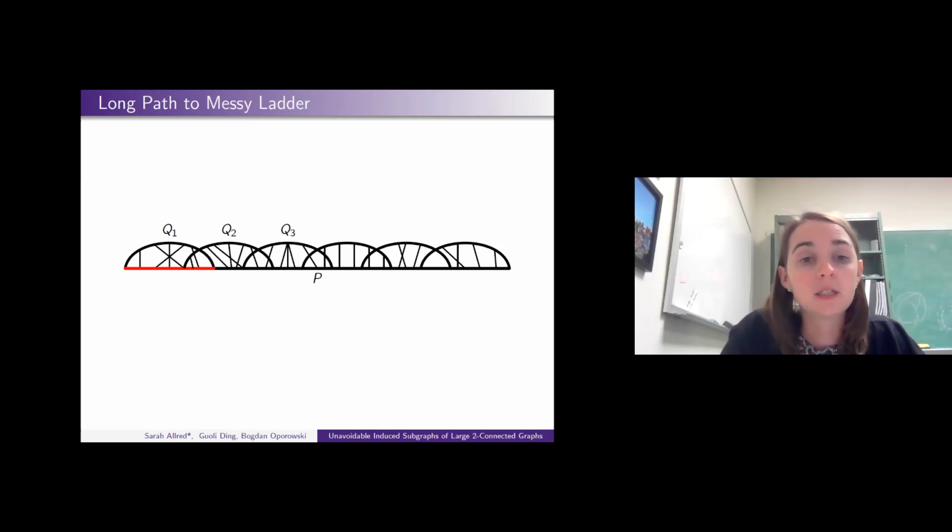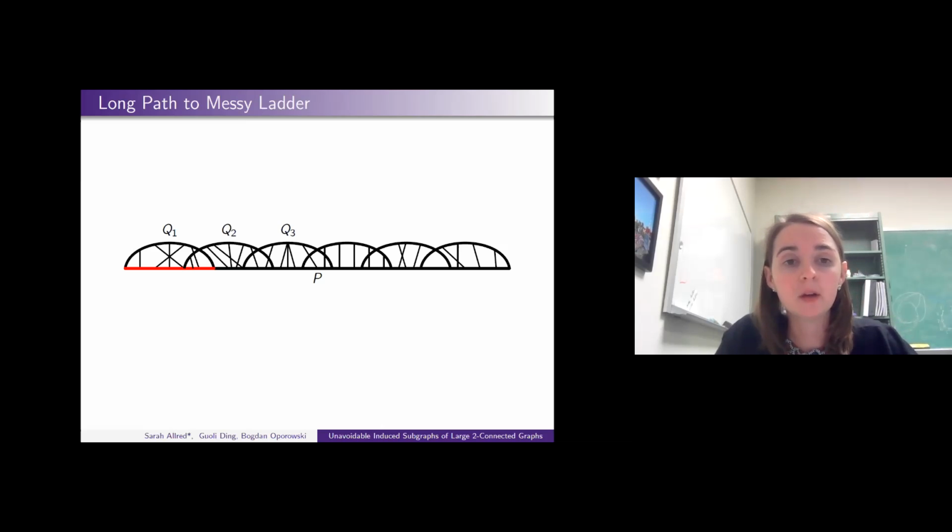All right, this red segment goes from the beginning of Q1 to the end of Q1 on P. If this red segment has enough vertices, if this red segment has our target order, then what happens is Q1 and this red part of the path P is going to give us a messy ladder.